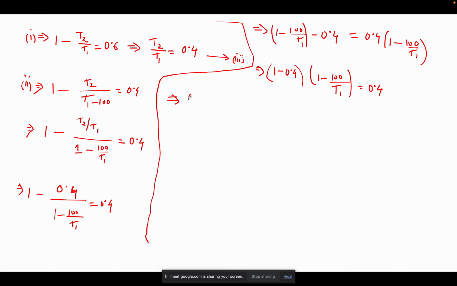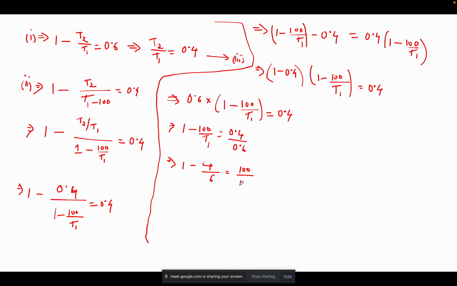Then this will be equal to 0.6 into 1 minus 100 by T1, which equals 0.4. Then 1 minus 100 by T1 will be equal to 0.4 divided by 0.6. So I can write this as 1 minus 4 by 6 is equal to 100 by T1.